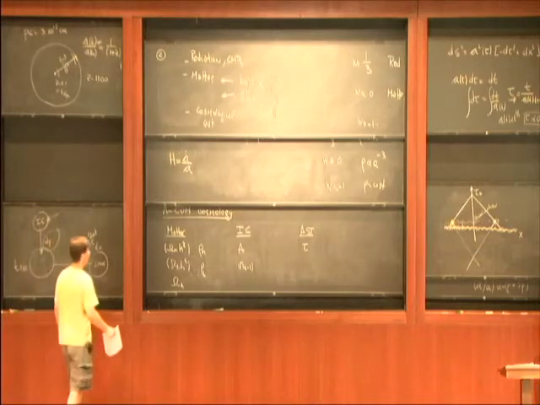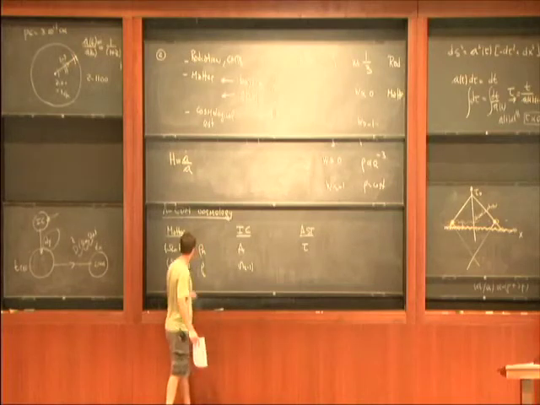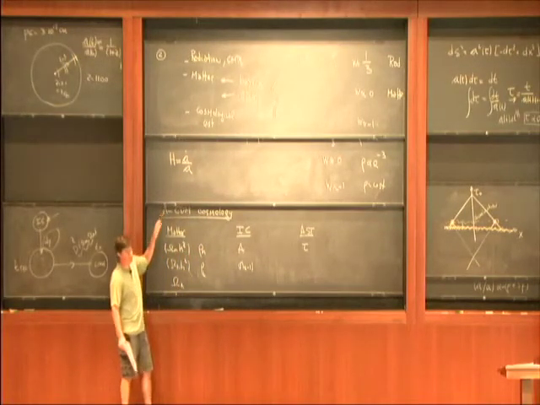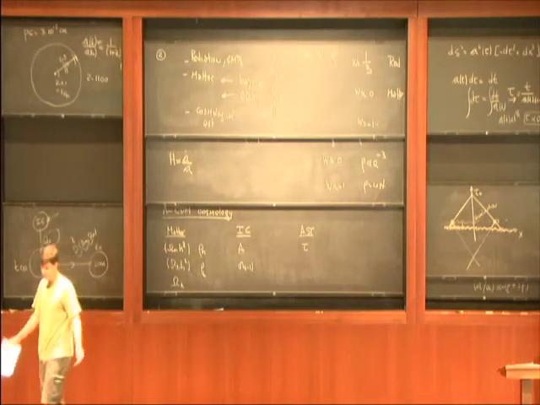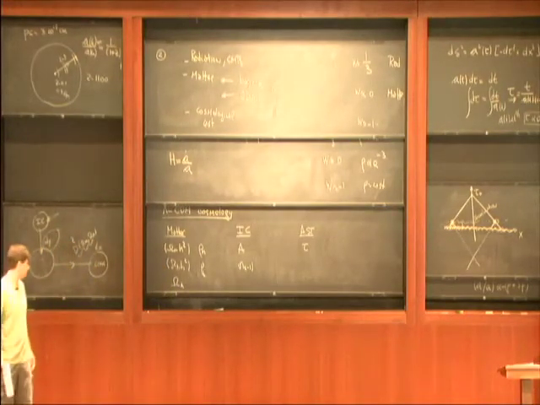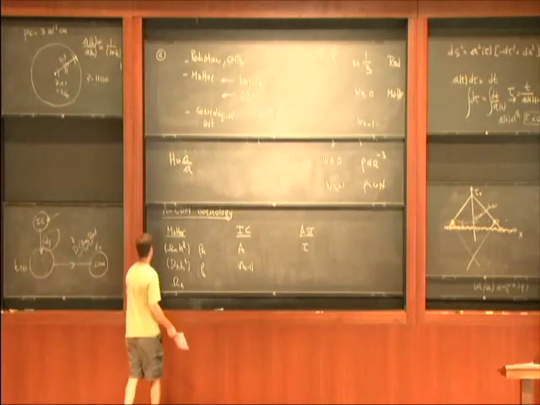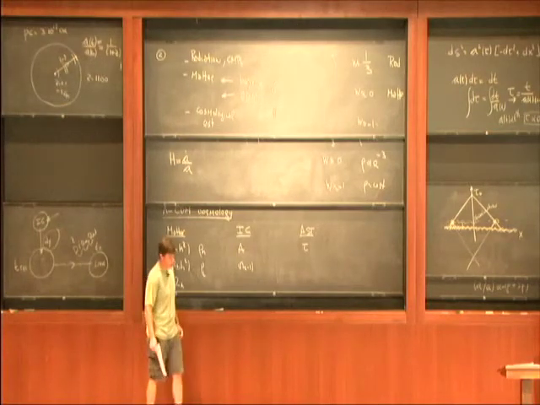For example, a background of gravitational waves that could be part of these initial conditions. Or maybe I can detect that the number of relativistic neutrinos is not exactly 3, that there's some extra species. Or that the neutrinos have a mass. We know they have a mass, but it's sufficiently large that it affects how structure formation goes.